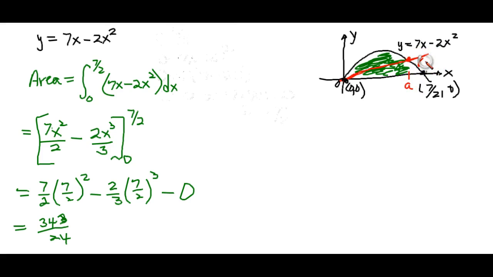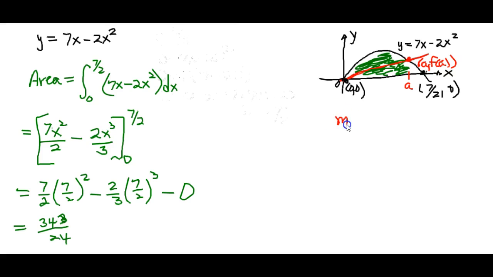So this is the point a, f of a. And so I have two points on this line. Of course, I do not know what a is, and that's really going to be the focus of what we're doing to make this work. But I do know that I have two points here: a, f of a, and the point 0, 0.